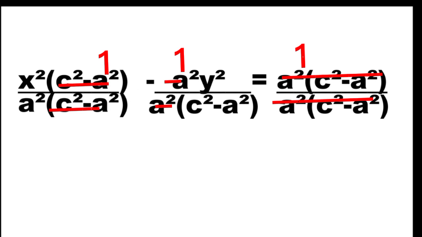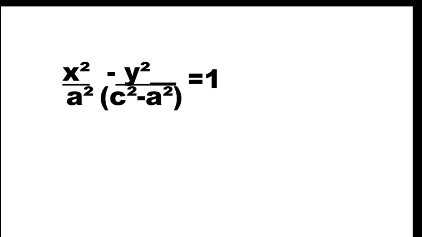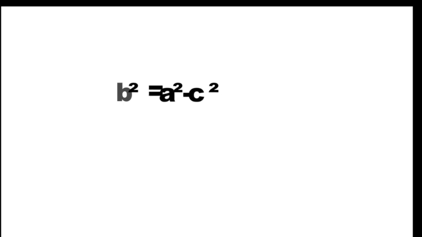Cancel quantity c squared minus a squared on the first term, and a squared on the second term equals 1. So x squared over a squared minus y squared over c squared minus a squared equals 1. Remember that we have this equation b squared equals a squared minus c squared. So negative b squared is equal to c squared minus a squared.